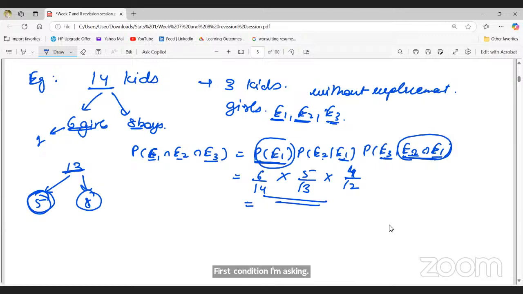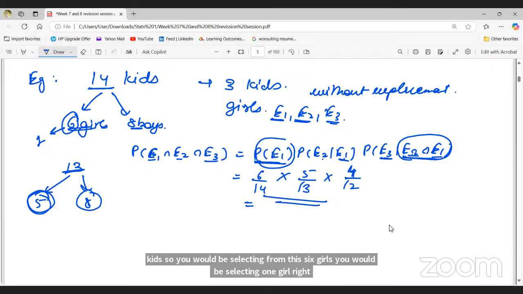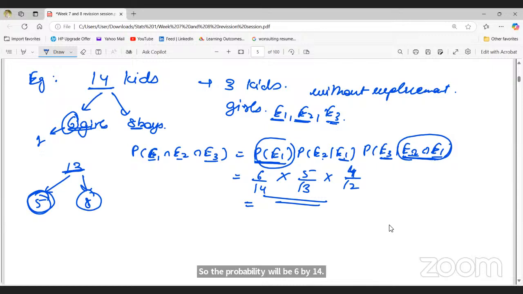So I'm asking you to select one girl from these 14 kids. You would be selecting one girl from the 6 girls, right? So the probability would be 6 by 14. Correct?